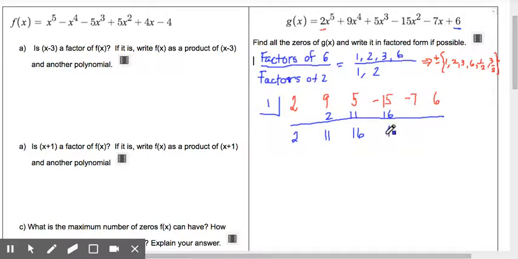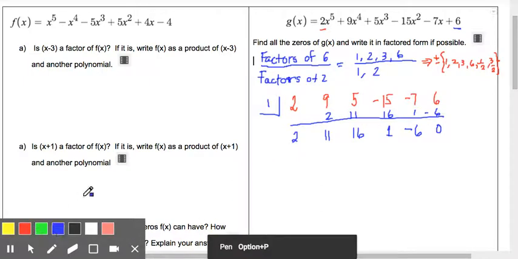Negative 15 plus 16 is 1. 1 times 1 is 1. Negative 7 plus 1 is negative 6. Negative 6 times 1 is negative 6. Now we notice that the sum here is equal to 0. So that tells us that 1 is a 0 of g of x.